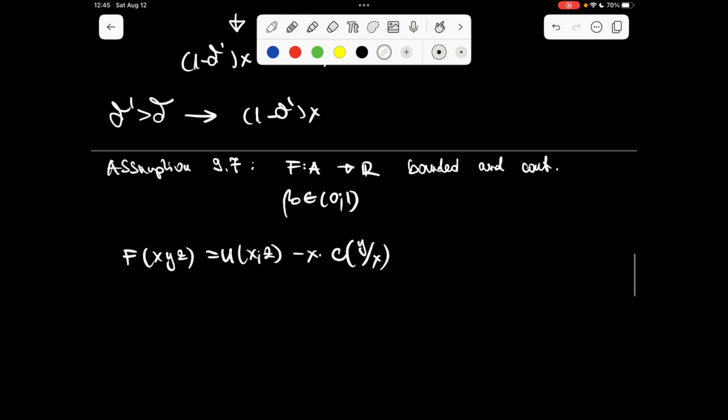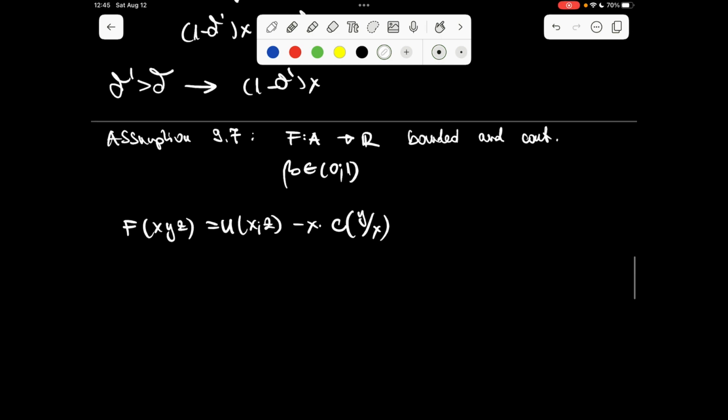Where C is a strictly convex cost function. U is bounded. Utility function U is bounded. And by limiting the correspondence, the second part of the function is also bounded.